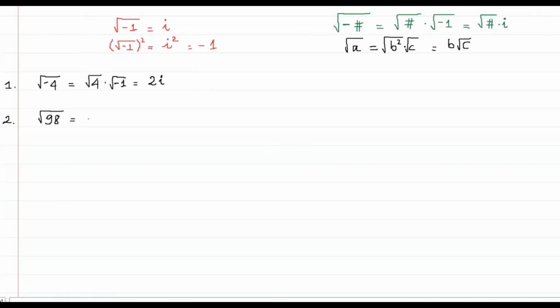So I can rewrite it as the square root of 49 times 2, and that equals the square root of 49 times the square root of 2. That equals 7 square root of 2.